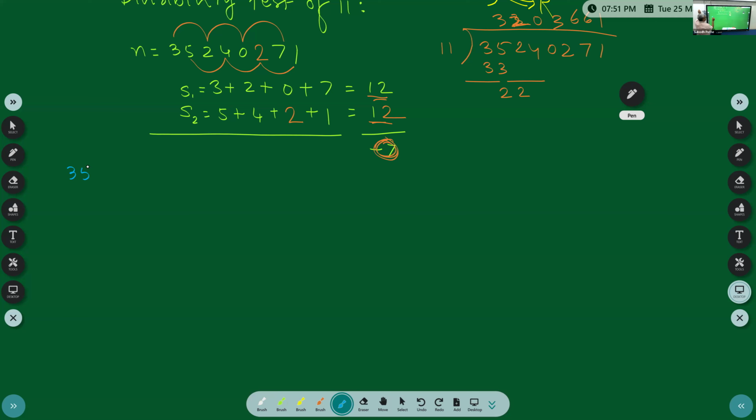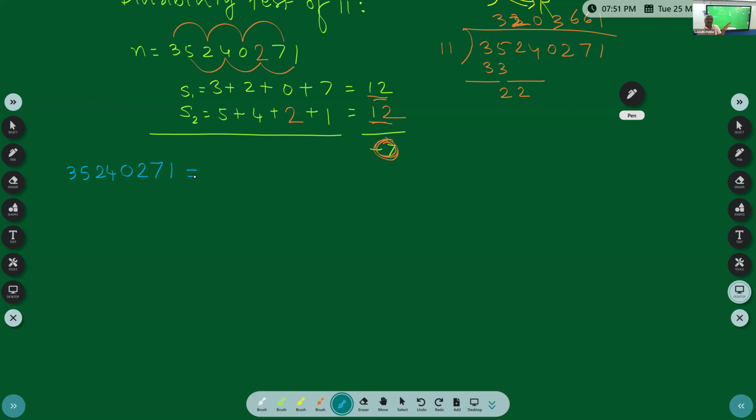3, 5, 2, 4, 0, 2 equal to 0, 2, 7, 1. Of course, we have to break these numbers into parts, and then we will have to check. What we have learned in the divisibility test of 3 is we could successfully pull the factor 9, which is divisible by 3, from all the numbers.